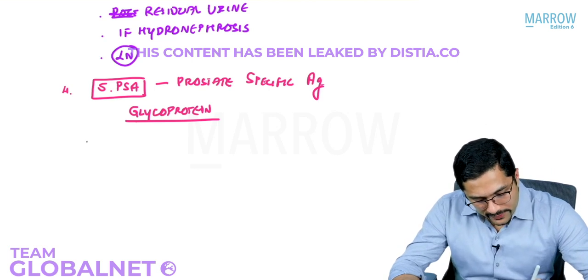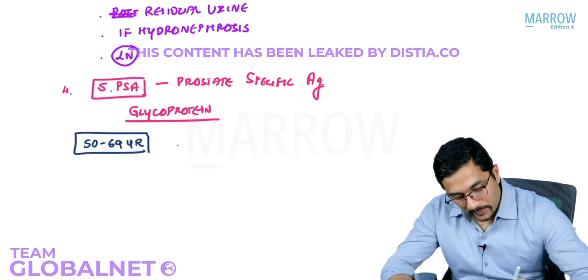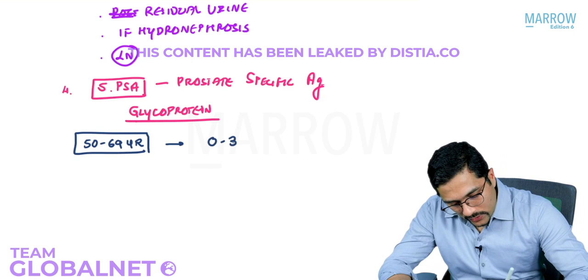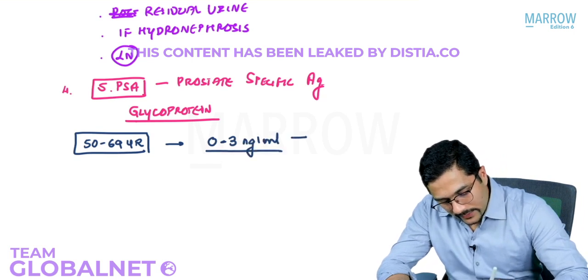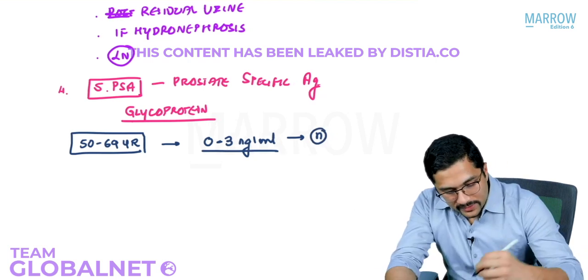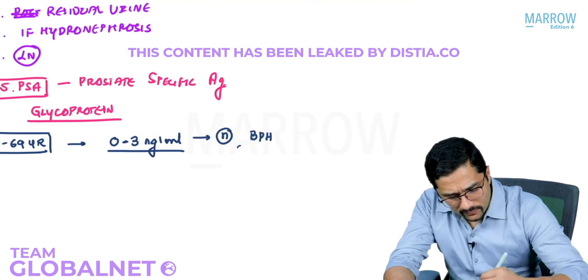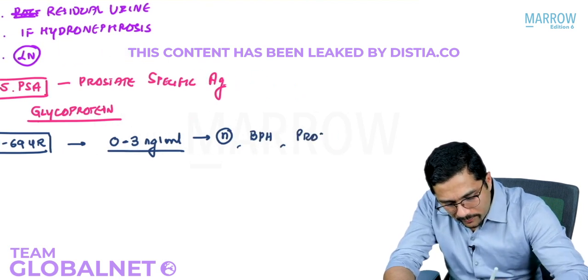So, in a 50 to 69-year-old patient, 0 to 3 nanograms per milliliter is considered as normal. This value can also be seen in patients with benign prostatic hypertrophy and in some patients of prostatitis as well. Okay.